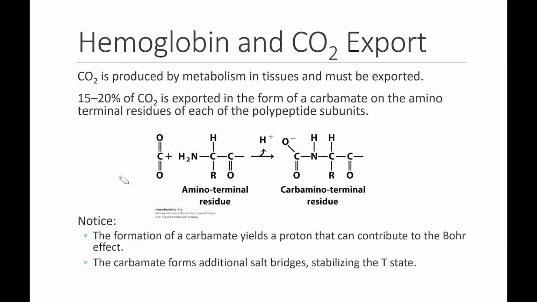You can see CO2 reacts with an amino acid, that is the terminal amino acid on some peptide or protein, and forms this carbamino residue. So you have some peptide, and now your CO2 has bound and reacted to the end of a peptide. And in this way, we can release CO2.